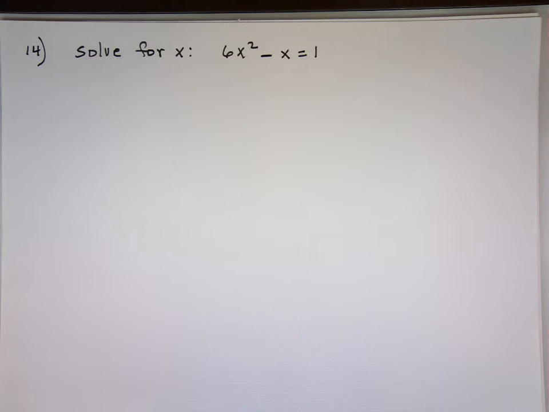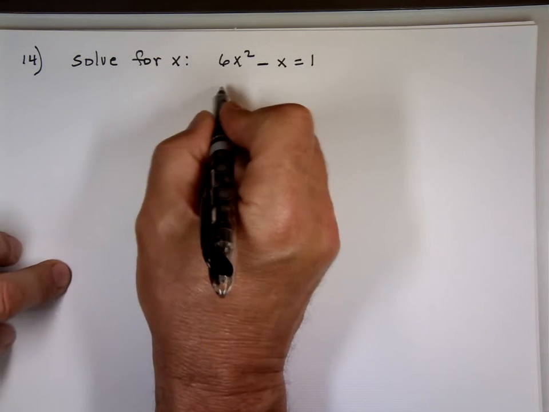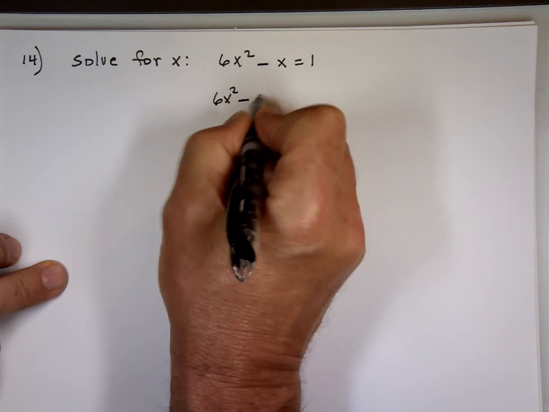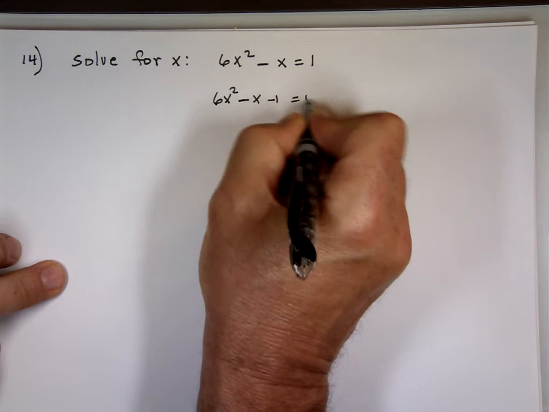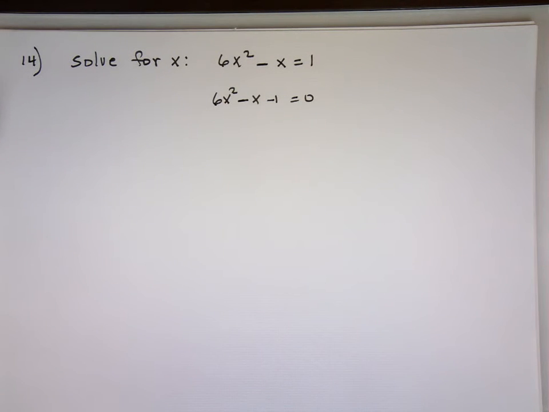Again, move everything to one side. That's your first step. So this becomes 6x squared minus x minus 1 is equal to 0. Next, factor completely. How do we factor that?